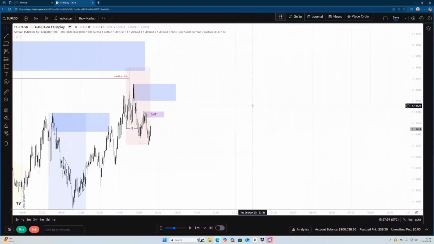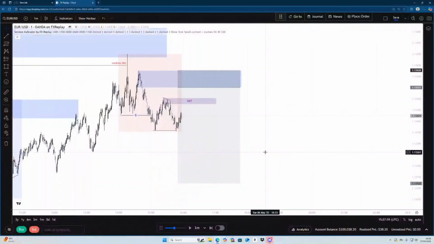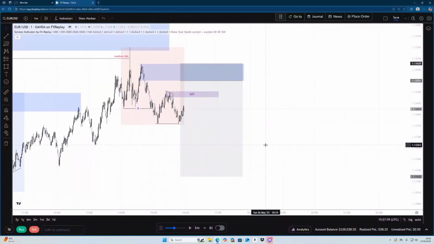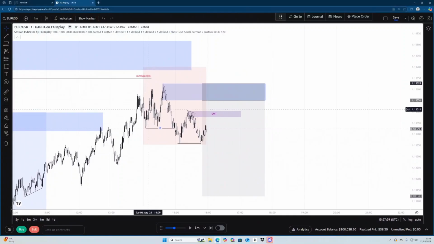As Samara asked, was that wick a news wick or was it a normal one? This one. I don't know how to check this news.